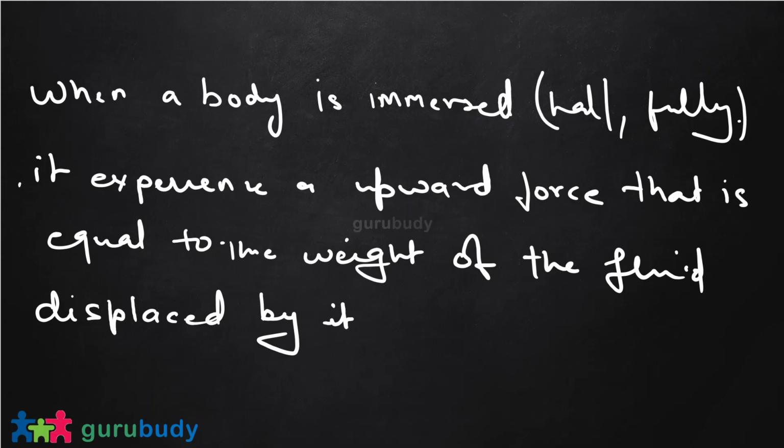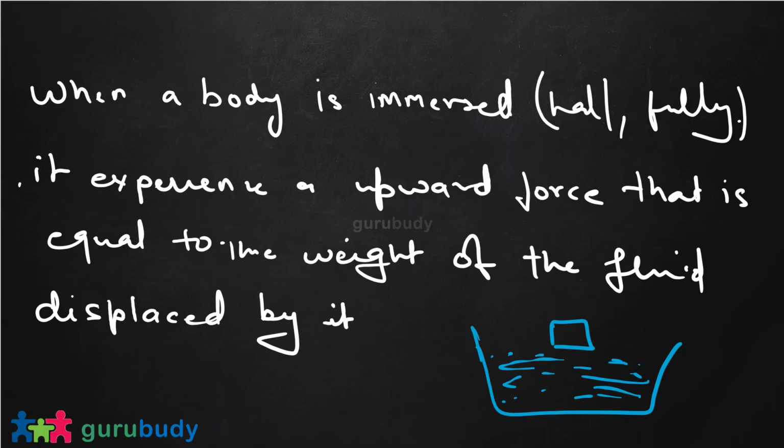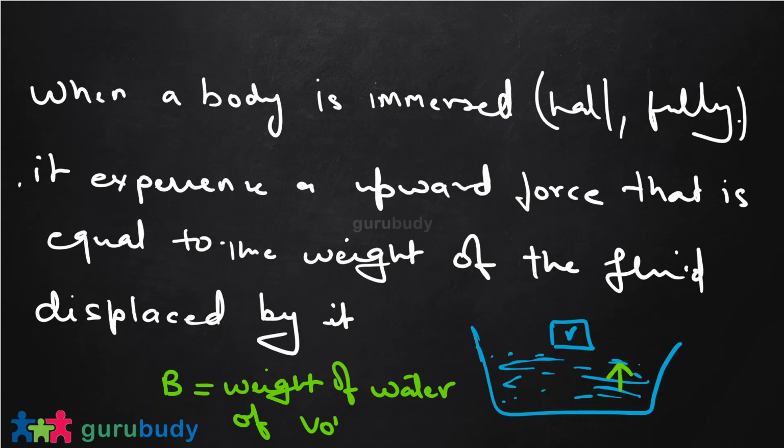Okay, very important stuff. If in a bucket filled with water, I put a block of volume V, then the upward force, the buoyancy force acting on that object, would be the weight of water, because it is water here, of volume V, and this is when the block is completely immersed in the water.